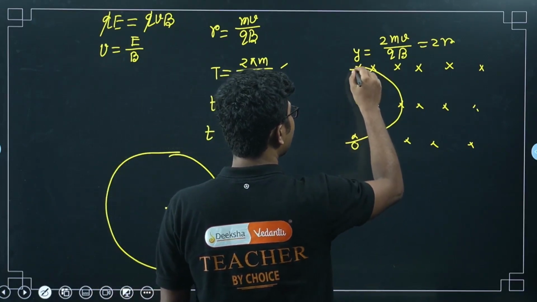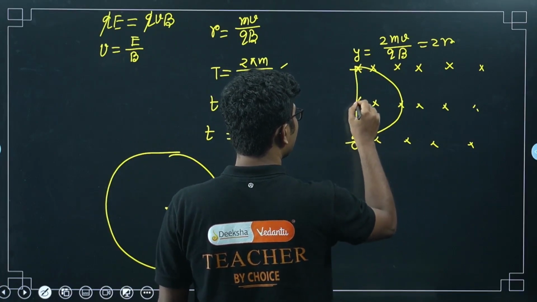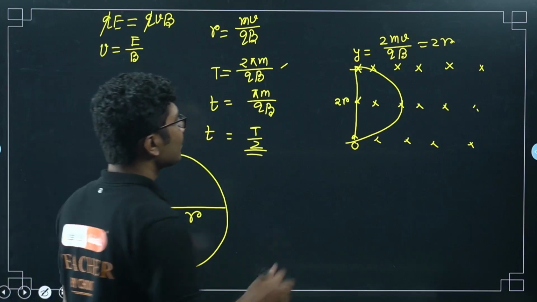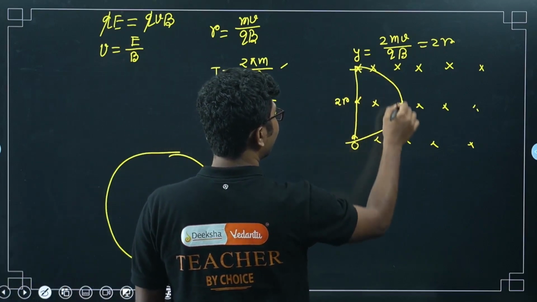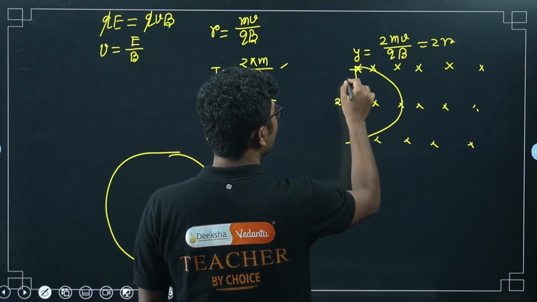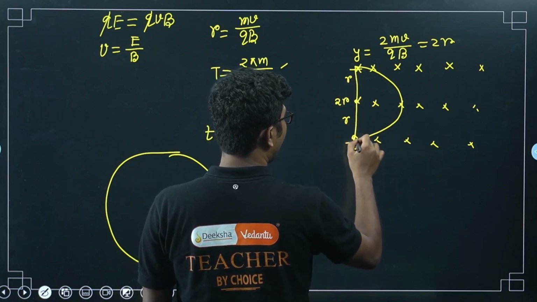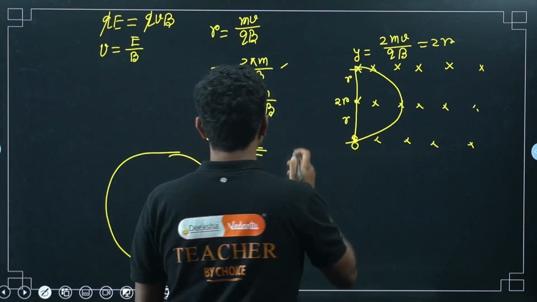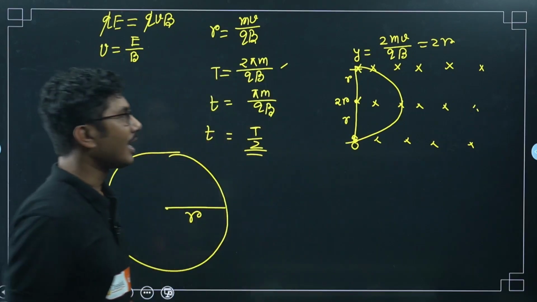It is entering here, and this distance is 2r. So it should be rotating around somewhere here, this is r, this is r. Now at this point it is located at the origin itself. So at that given time it is located at the origin itself.